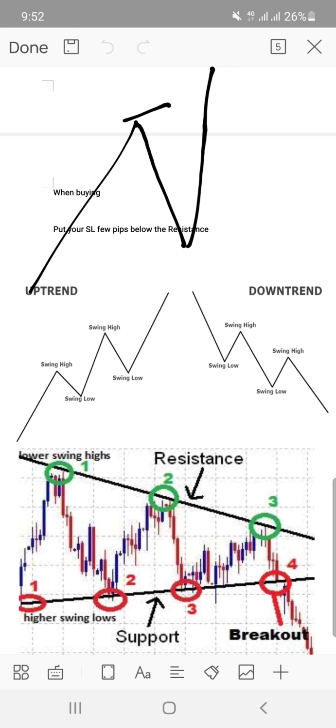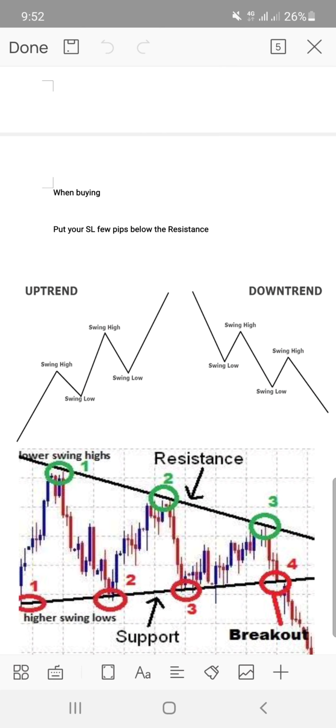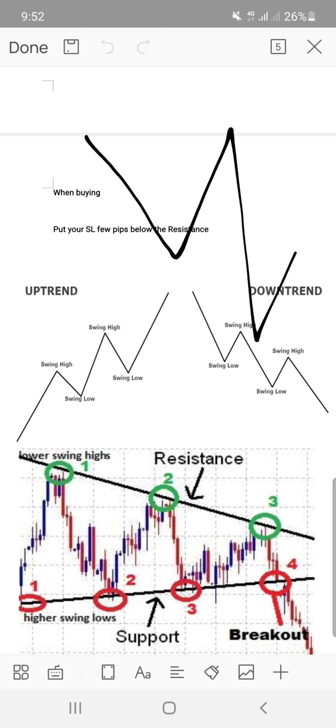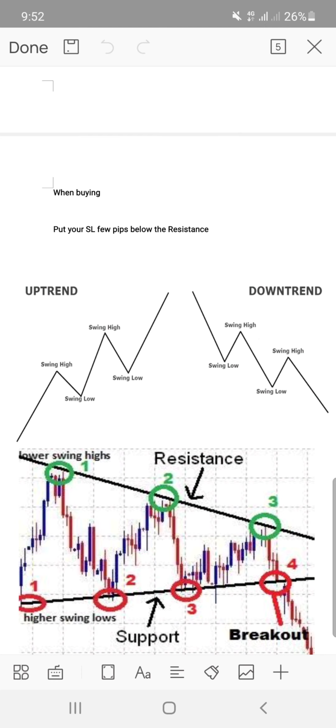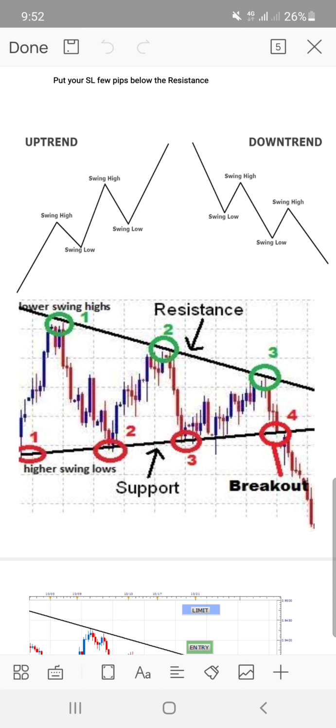Remember, swing high in a market that is buying or trending up is always higher than the swing low. Then in a market that is trending downwards, we have it like this, like this, just like that. Like in this example here, swing low, swing high, swing low, swing high. Now, this swing low and swing high are the points you use to draw your support and resistance, like I said before.